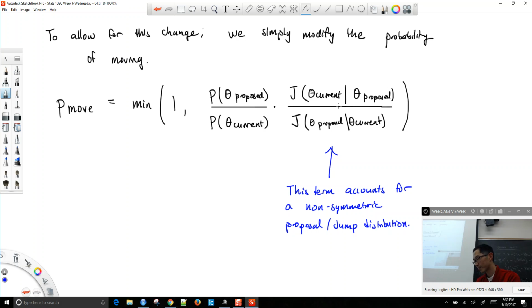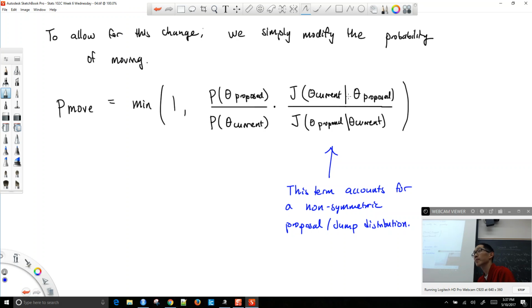So, does it make a huge difference? I don't know. And I think so. The Metropolis Hastings algorithm is probably the one that gets the entry on Wikipedia, and so it's good to know. But for me, when I was first learning it, this term kind of confused me in the beginning, and it's simply just a term to account for a non-symmetric proposal distribution.